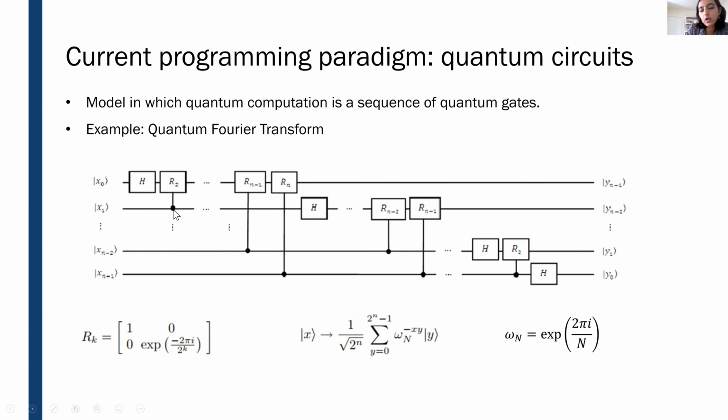And the dot over here means control. So basically, if this qubit was in the state 0, nothing would happen. But if it's in 1, then the R2 acts on x0. So it's an entanglement. Thanks for letting me clarify that.